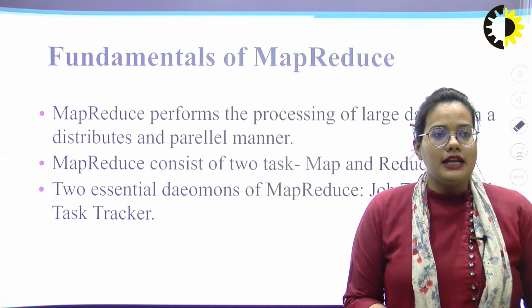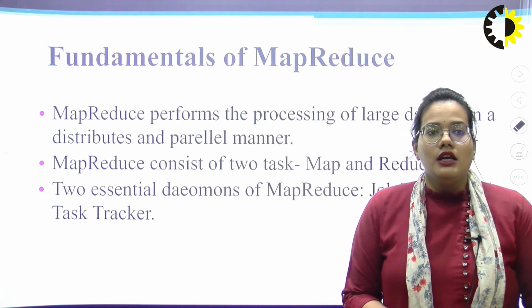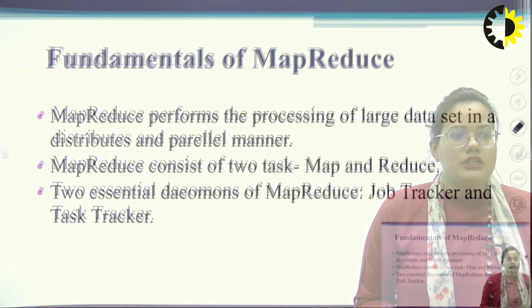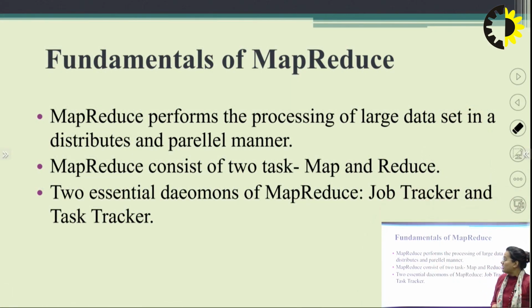So we need a processing unit that processes the stored distributed data in parallel form. MapReduce is especially designed for this purpose, or we can say it is the processing unit of HDFS. MapReduce performs the processing of large data sets in a distributed and parallel manner.